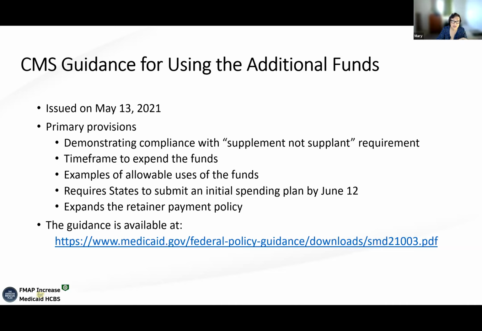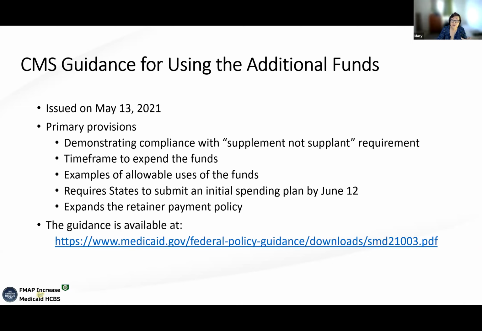Prior to issuing the guidance, CMS did hold a listening session with the states and stakeholders and took a lot of input from the states, and we were able to participate in that. And we feel that the guidance did reflect a lot of our input, although there are a few remaining questions that were posed to CMS.